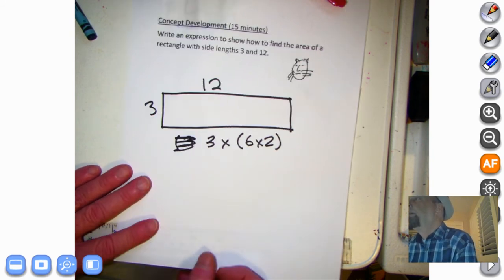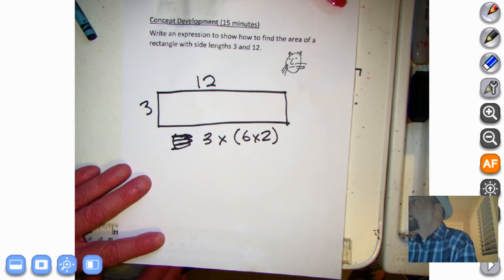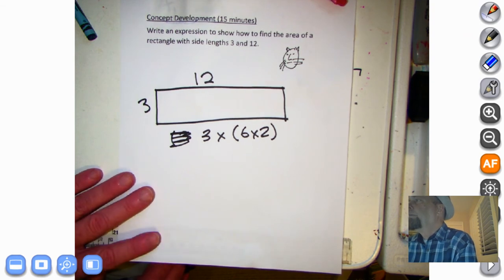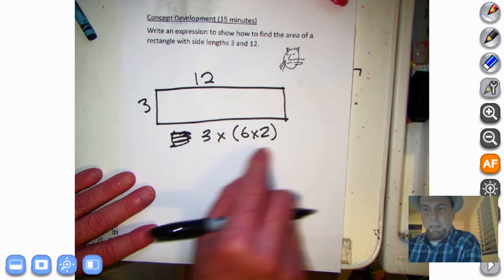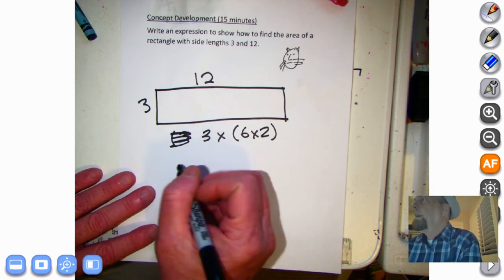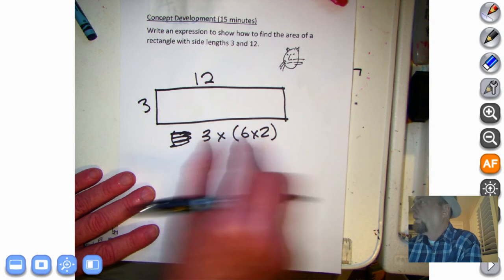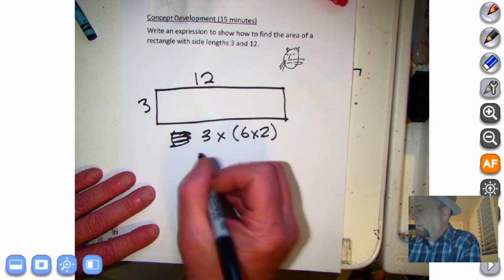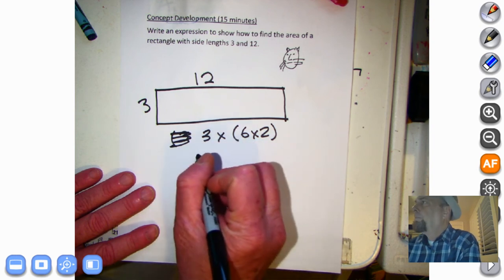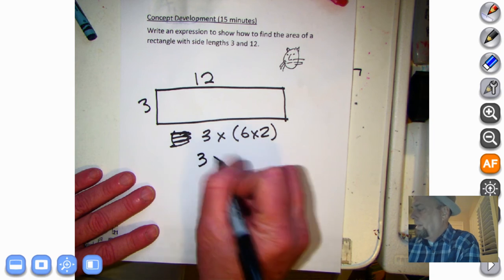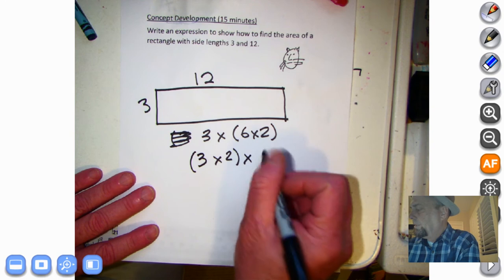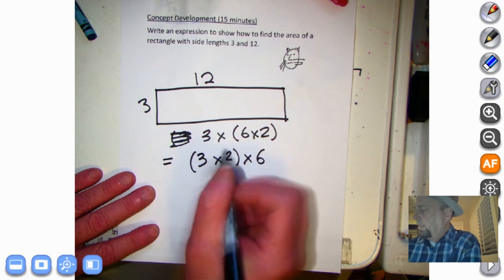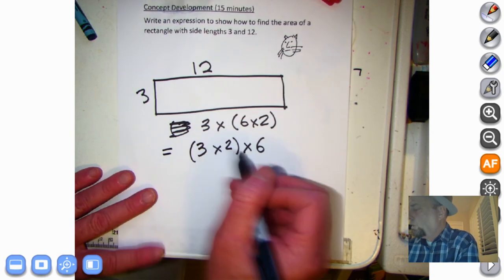All right? So now we can figure out, what can I do here? I know 3 times 2 is 6, right? We proved that the last time. So let's make a parenthesis, shift them over like this, and make 3 times 2 times 6. 3 times 6 times 2 becomes 3 times 2 times 6.